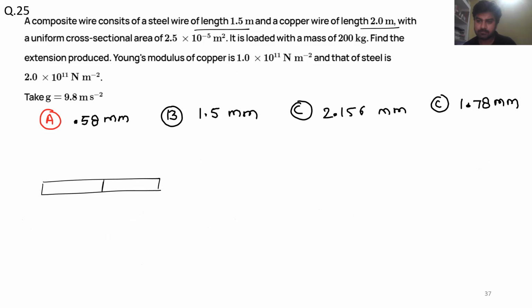Let's say this is steel and this is copper. The cross section area is uniform, equal to 2.5 into 10 to the power minus 5 meters square. It is loaded with a mass of 200 kg.